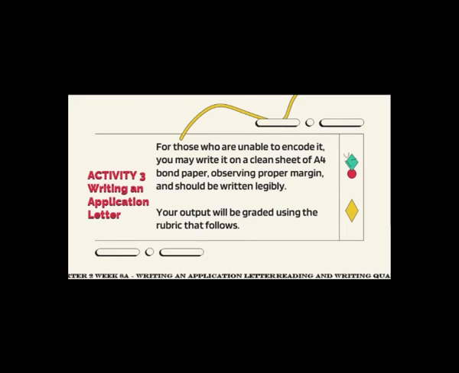For this activity, you shall be given 20 minutes to make your application letter for employment. Once again, make sure to observe the rubrics that we are going to use to grade your output. Do not worry.